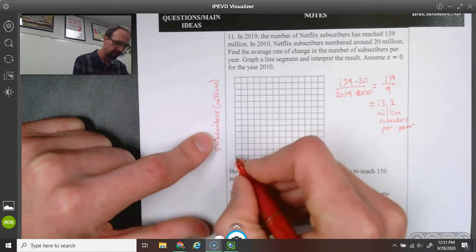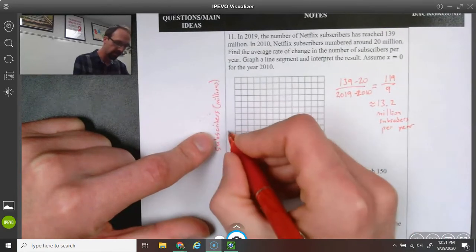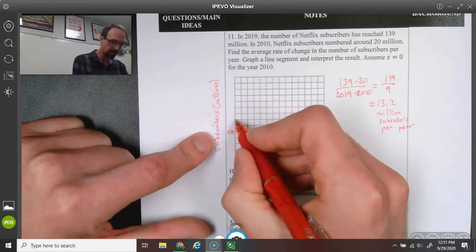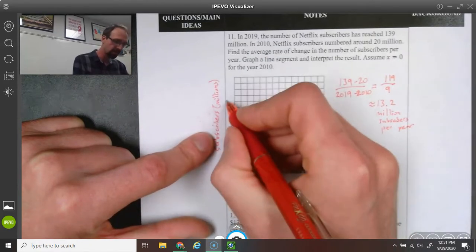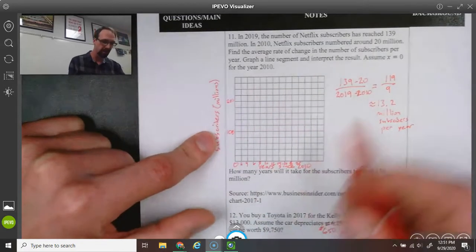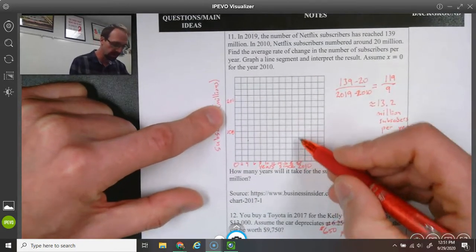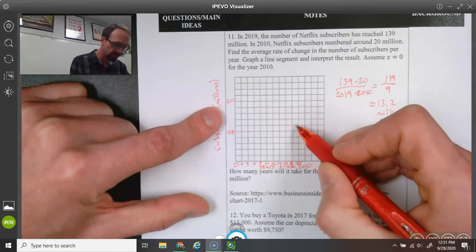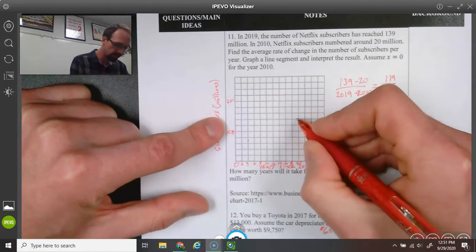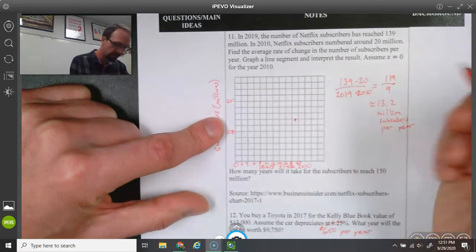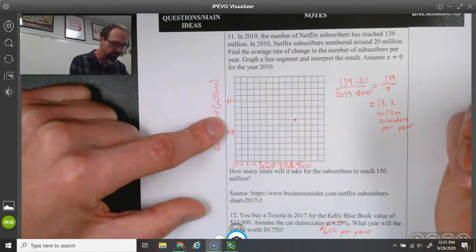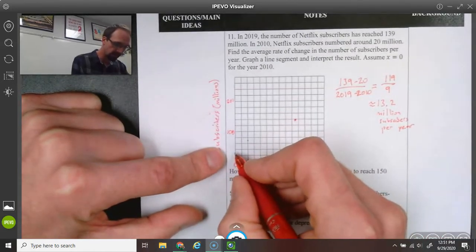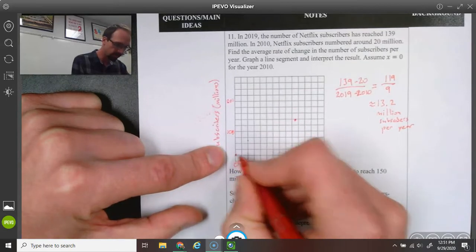I know that'll work if I go by 20s: 20, 40, 60, 80, 100, and then 120, 140, 160, 180, 200, and so on. So at 19, I'll be at 139, just right below the 140 mark, so that would be about right here. And 0 would be at around 20 million, so that would be right here.